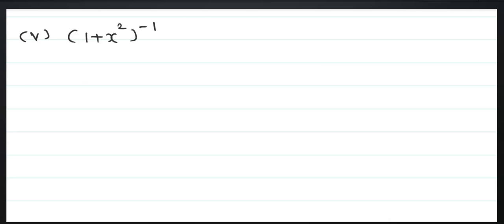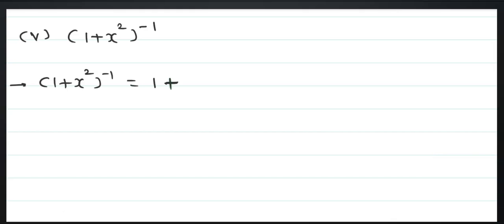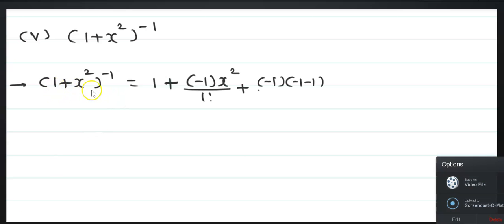Now the fifth one. What is the example? (1 + x square) raised to minus 1. And in this case, you will get alternately plus and minus signs. Now see this. 1 plus minus 1 into x square upon 1 factorial. What will be next?